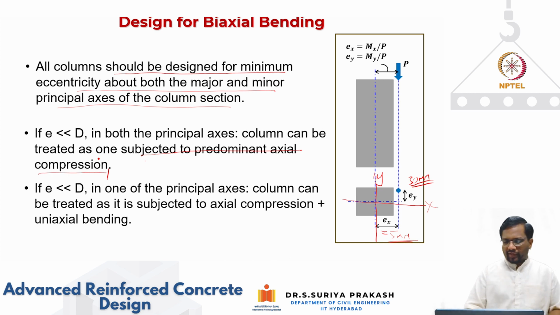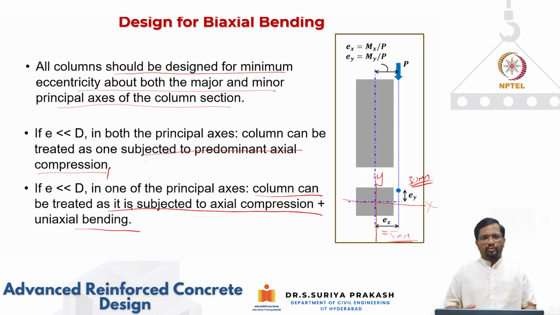But you can also have a case where Ey can be higher and Ex can be very small, or one of the eccentricities can be very small compared to the dimensions. Then we can say that the column is subjected to axial compression and uniaxial bending. So you have all the combinations that are possible.